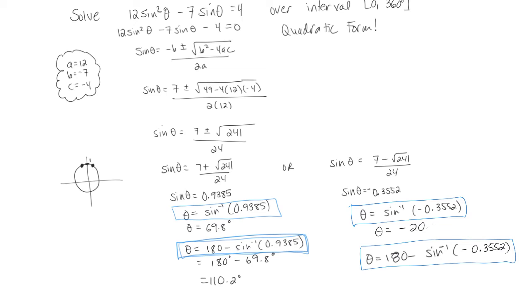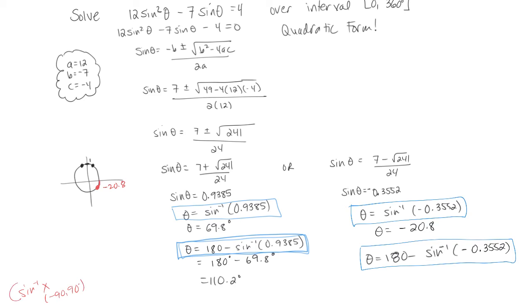negative 20.8 degrees. So that would be in here. That is negative 20.8 because arcsine of x just goes between negative 90 degrees and 90 degrees.